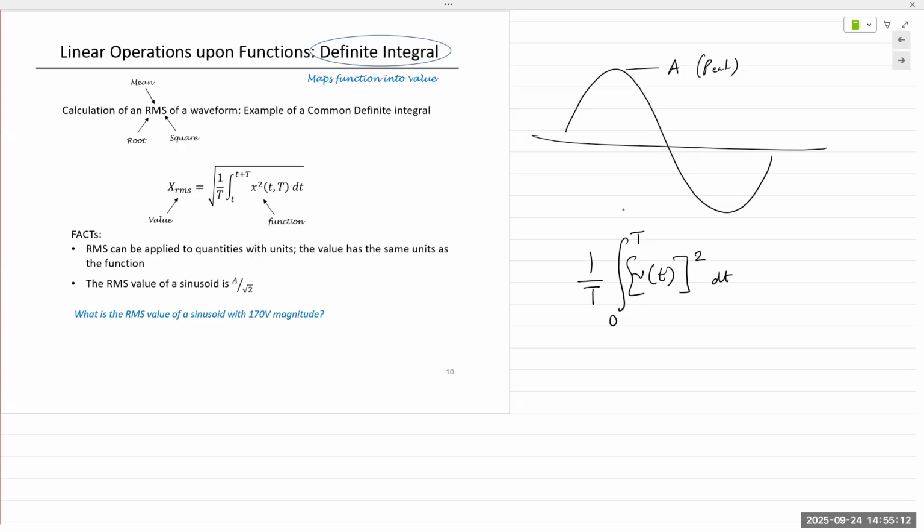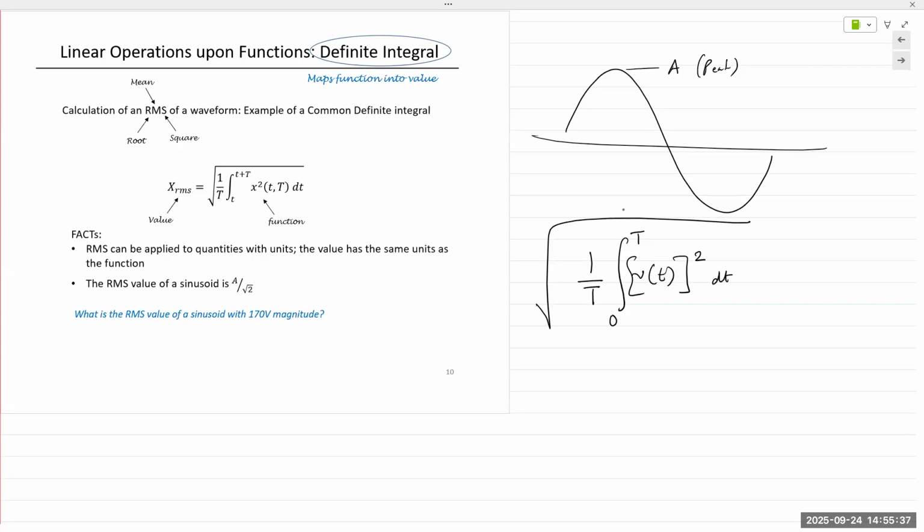And because we squared the waveform at the beginning, now at the end, we do the opposite, and we take the square root. And hence, we come up with a new term to describe the value of this voltage or this quantity, which is known as RMS. Literally stated, RMS is root mean square.